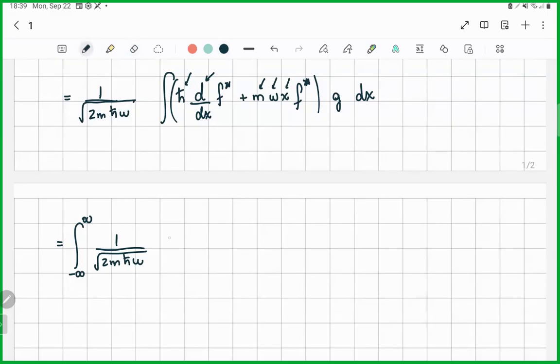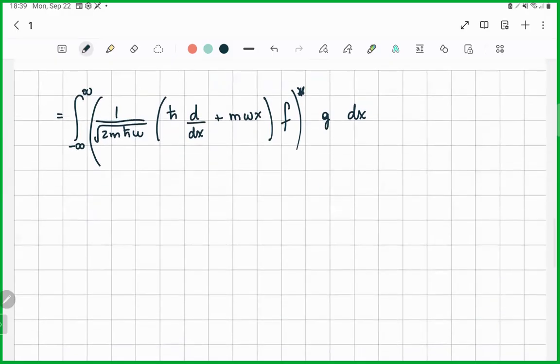So how I'm going to do that, I have h bar d/dx plus m omega x, all that acting on this function, and I'm putting here this complex conjugate. I just copied what is above, because as I said, mass, omega, h bar, these are all real values. So it doesn't matter if I put it inside the complex conjugate or not.